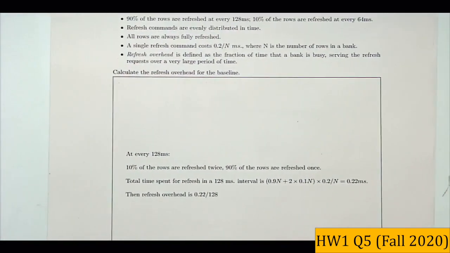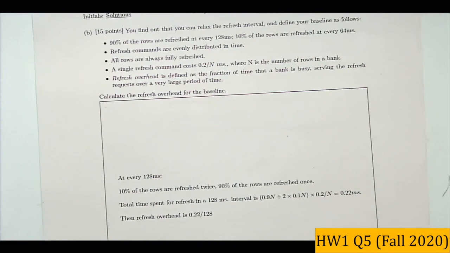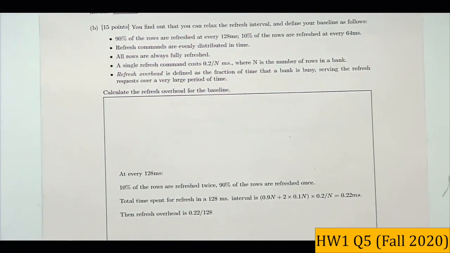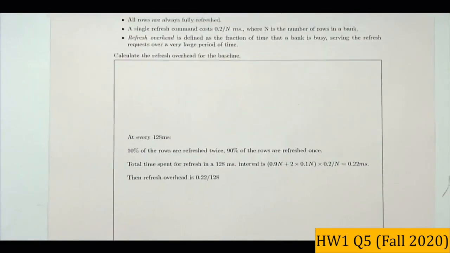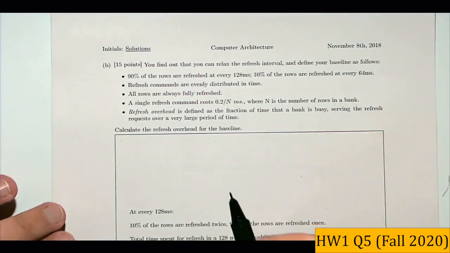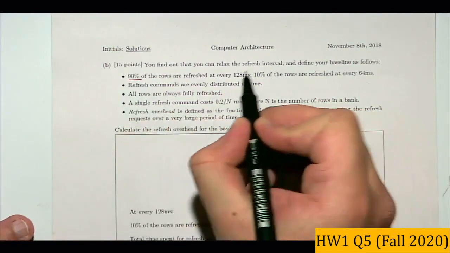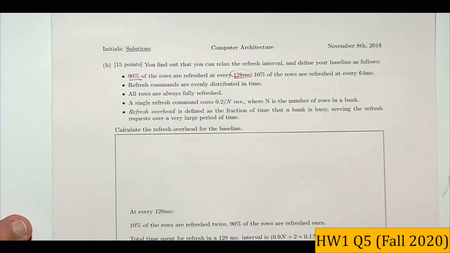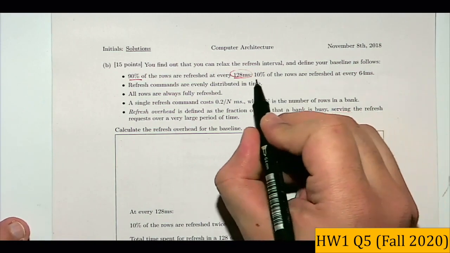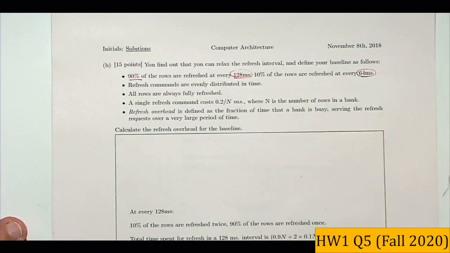So based on this observation, we need to understand what our benefit is in this paper. For that, we need to come up with a good baseline, right? In our baseline, 90% of the rows can be refreshed every 128 milliseconds, and 10% of the rows need to be refreshed at 64 milliseconds, right?